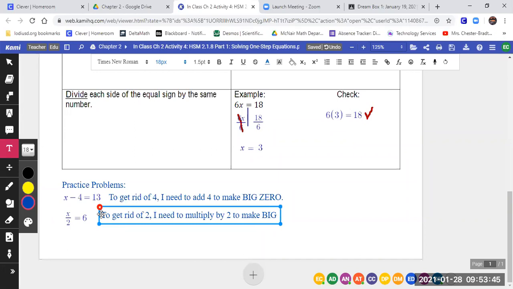If I multiply 2 times half, because that's on the bottom, it's a half, do I make a 0 or do I make a 1? Yes, so this makes our big 1.